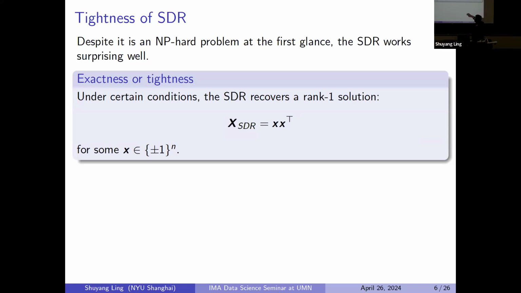So what does it mean? It means the solution to the SDP relaxation would be exactly rank 1. Because if it's rank 1, you get the global minimizer to the original problem, which is restricted to x on the hypercube.